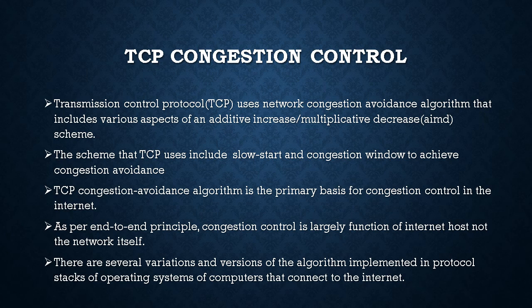The scheme that TCP uses includes slow start and the congestion window to achieve congestion avoidance. What happens if you think there's traffic while traveling? You can start traveling slowly, then there will not be any traffic. But if you go very fast, obviously there will be traffic if the road is narrow.